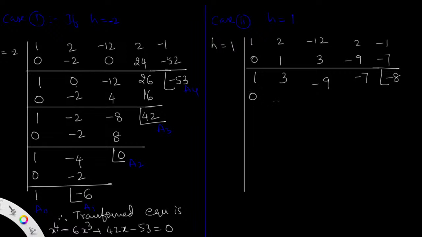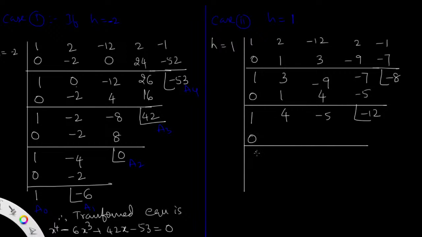Here also 0 again, then 1, 4, minus 5, then minus 5 into 1, which becomes minus 12. Again with 0, then 1, 5 becomes 0, and then again 0, that is 1, and then 1 means 6. So this is the remainder.